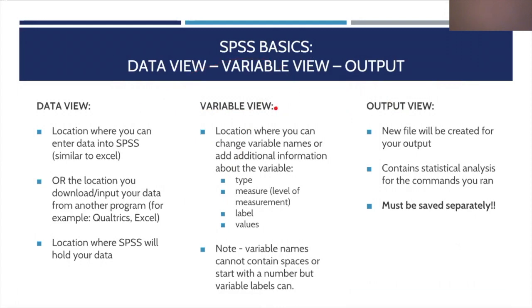Within our variable view is the location where you can manipulate different aspects of your data. So you can change the level of measurement, you can give your data labels, or you can assign it different values. Within our output view, this is a separate file that will open after you have run SPSS commands. Really important aspect about the output view is that you must save the file separately since it is a new window.